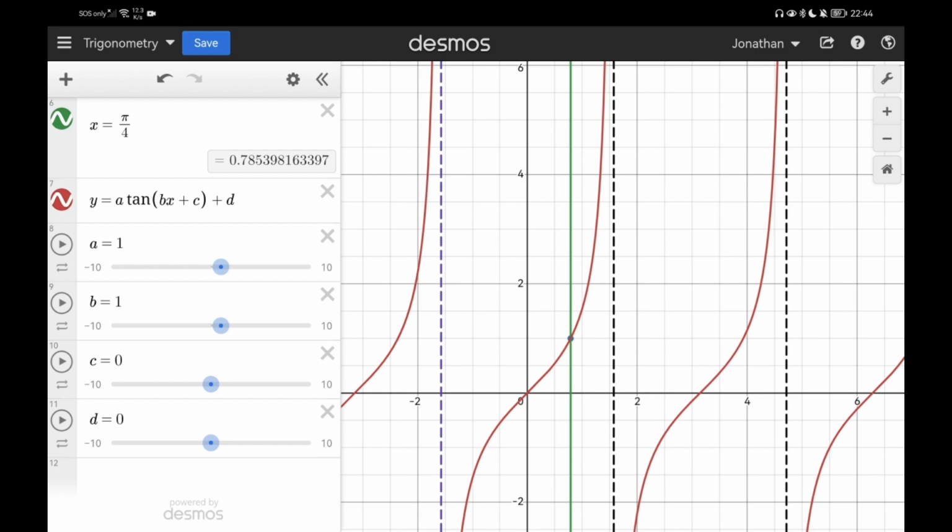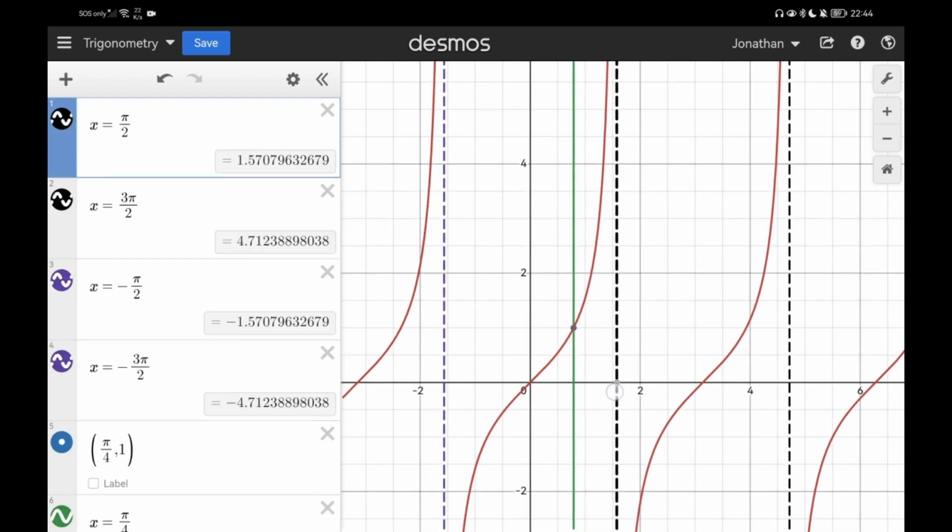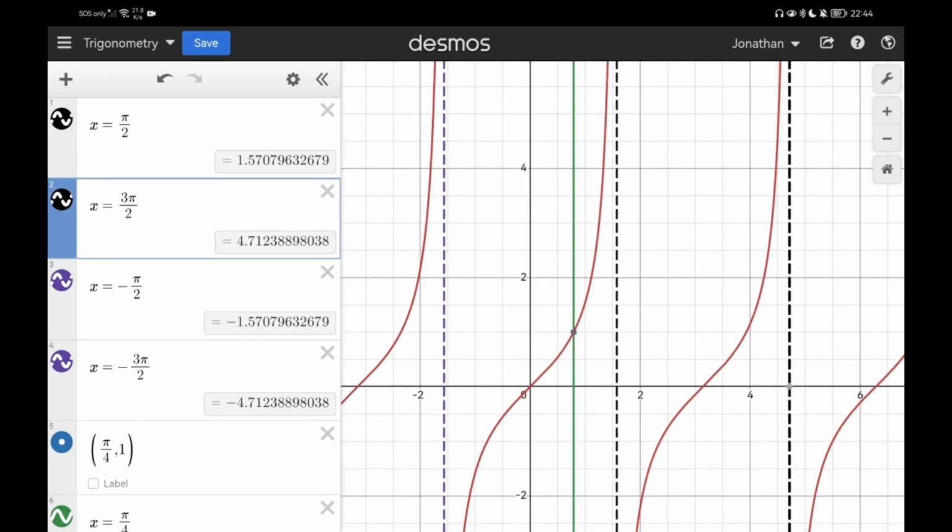As you can see, this dashed line denotes the asymptotes, which means that for the tangent function, the graph does not meet the asymptote. It's because this x coordinate and the following x coordinates are all undefined for the tangent function. Why I plot this coordinate and create the green vertical line is so you can extrapolate the x coordinate of pi over 4 to 1.